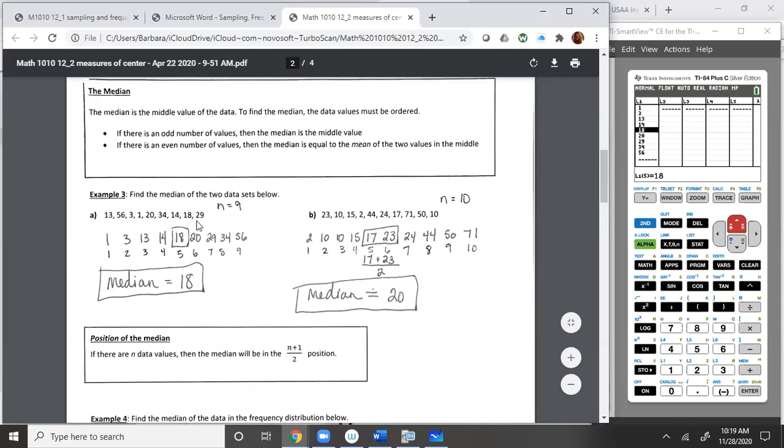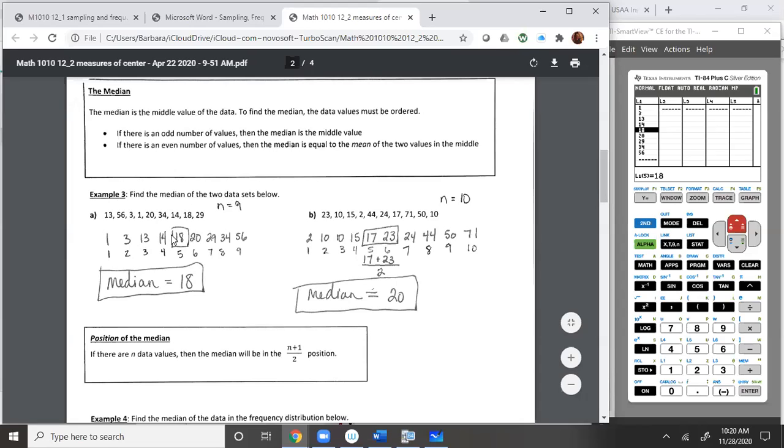Now, as you might have noticed, the position of the median is n plus 1 over 2. So the position of the median, we take n, add 1, and then divide by 2. So in the first example, n was 9. So to find the position of the median, 9 plus 1 is 10, 10 divided by 2 is 5.